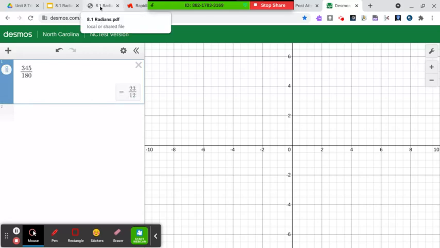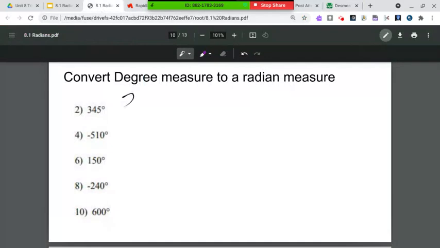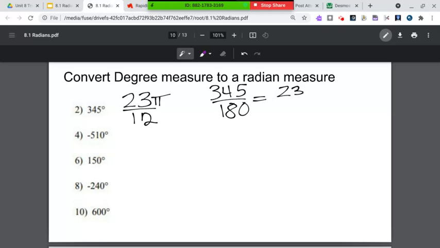So our answer as a radian measure is 23 pi over 12. Again, we put 345 over 180 into Desmos, we simplify, which gives us 23 twelfths, and we put it in terms of pi, 23 pi over 12.